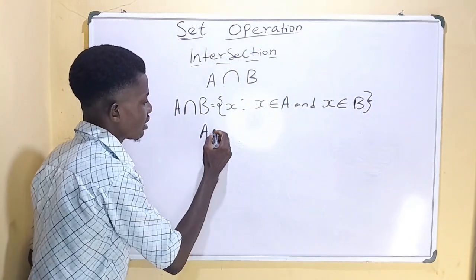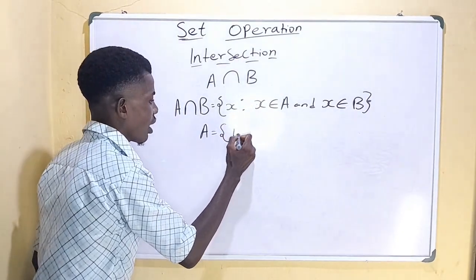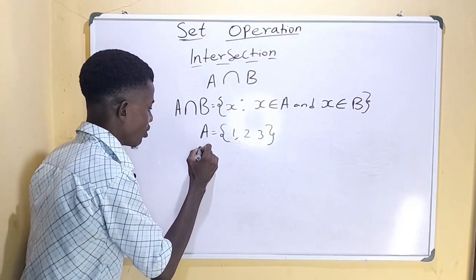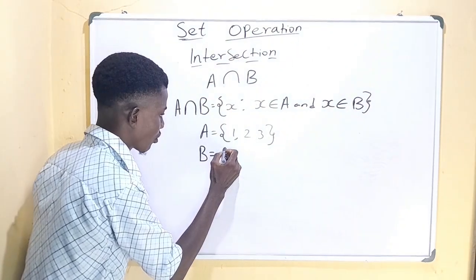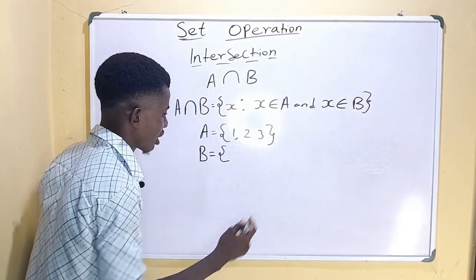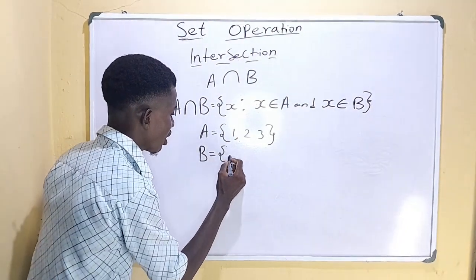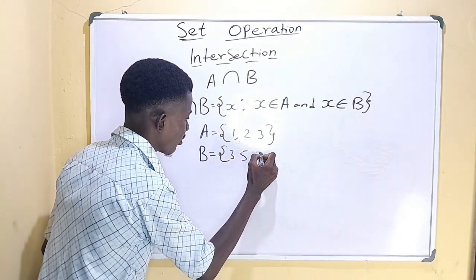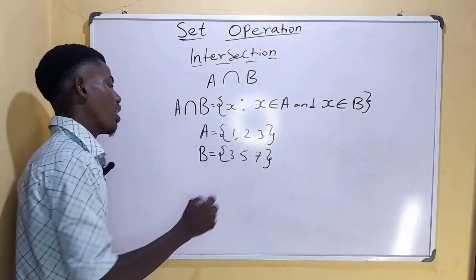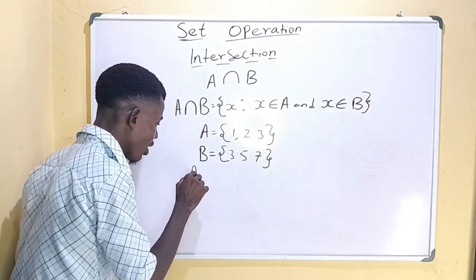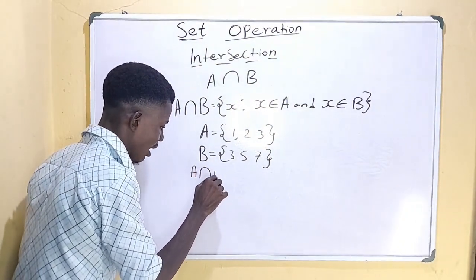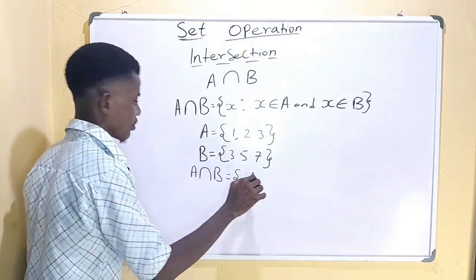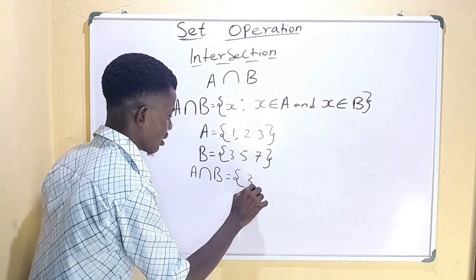Let's take a practical example. Let's say that A is 1, 2, 3. I'm using three numbers so this video will not take much time. B, let's say, is 3, 5, 7. Now, the intersection A intersection B is given by 3.